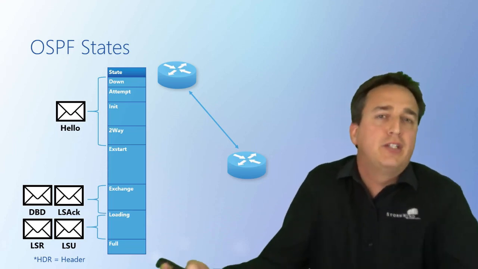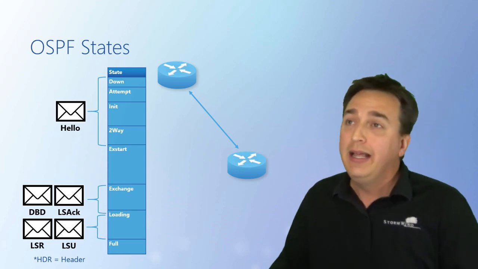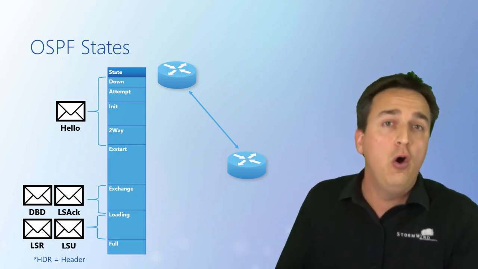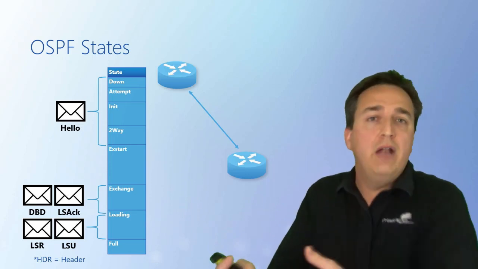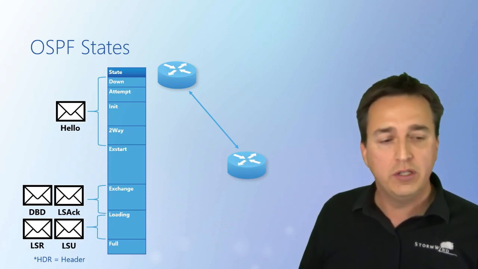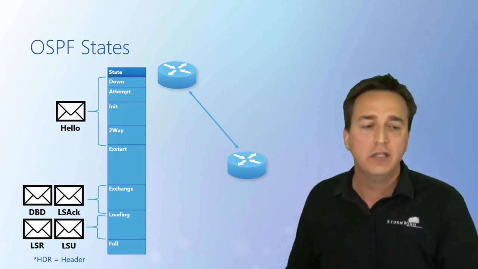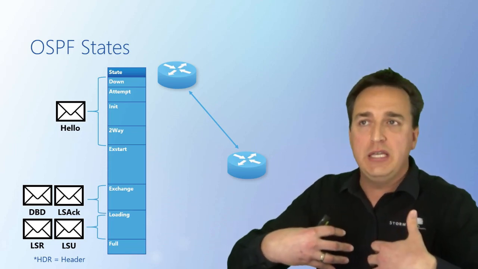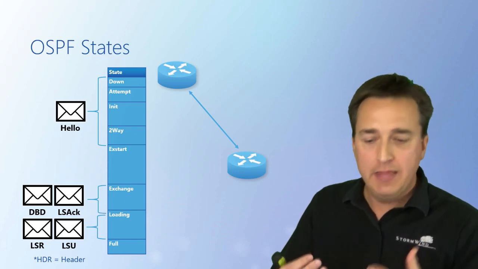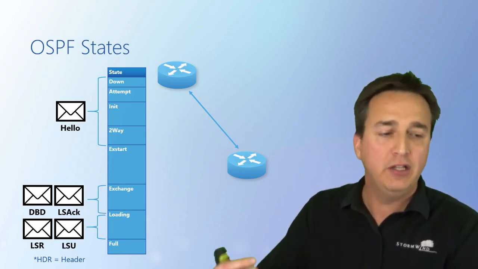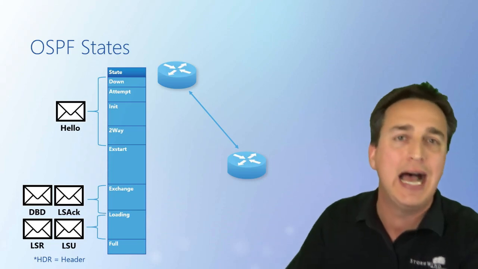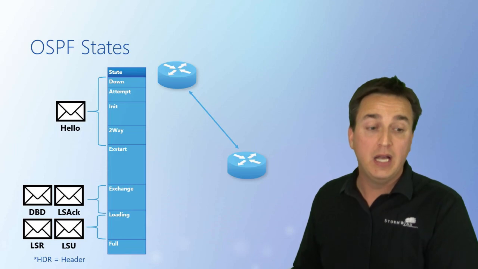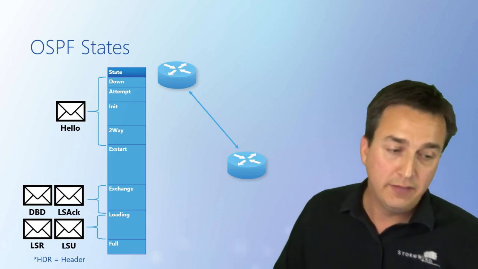Also, what is happening in some of these different states, like the two-way state? What does that mean? It means bidirectional communication. It means at this point, if we need to elect a designated router and a backup designated router, we will at the two-way state. But if we don't, like with a serial PPP link, then we wouldn't have to elect a DR or BDR at that point in time. So that's all happening there at the two-way state. After that, the ExStart state, electing which router is going to be responsible for initiating the communication going forward, and synchronizing our databases through the exchange and loading stages so we can become fully synchronized at the very bottom.